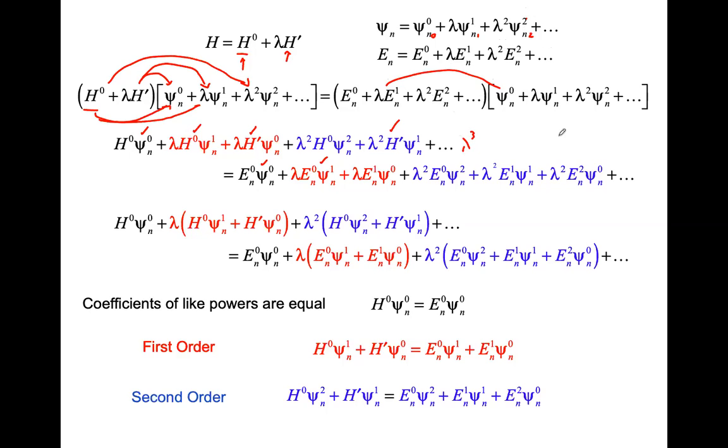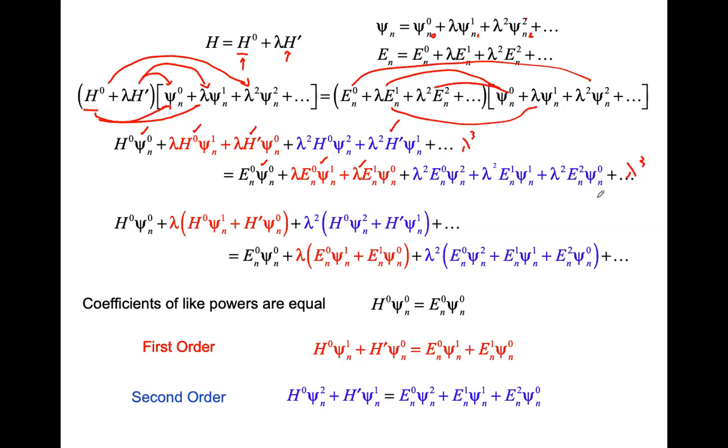Okay, I got all the lambda to the first powers. Then I went for lambda to the second power, so that meant that times that times that, and that times that, and I wrote those out. Any other combination of distributing these series would result in a lambda cubed, and I'm not doing those. We're not going that high.